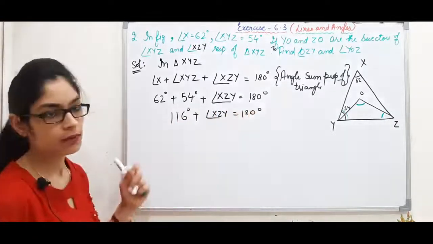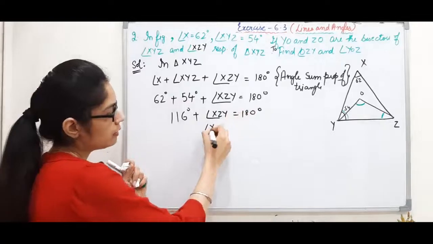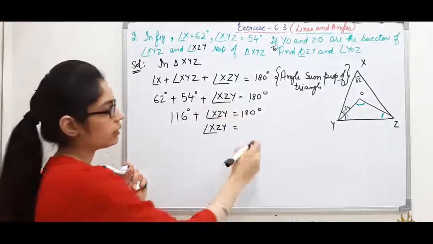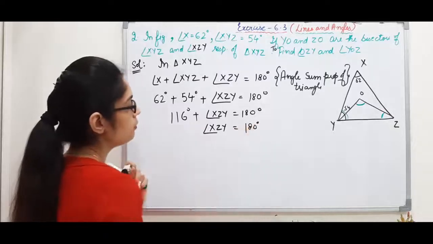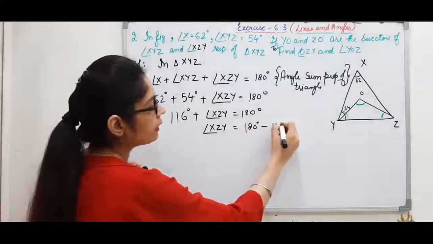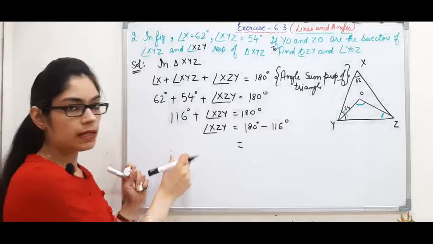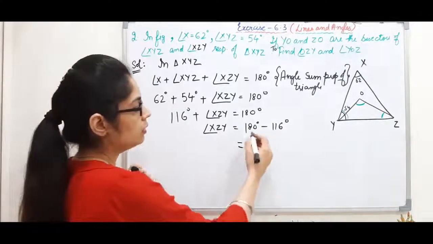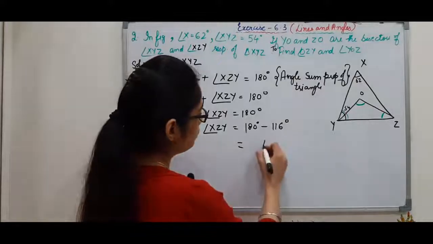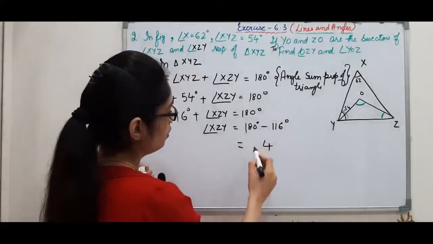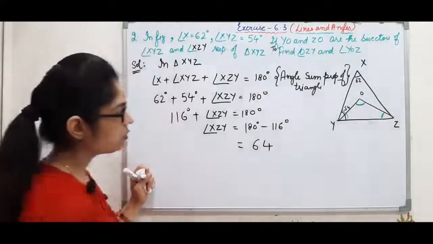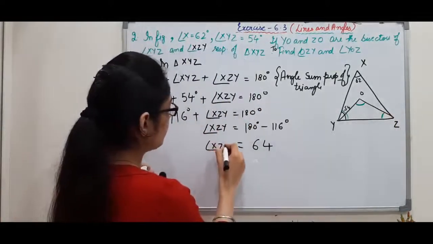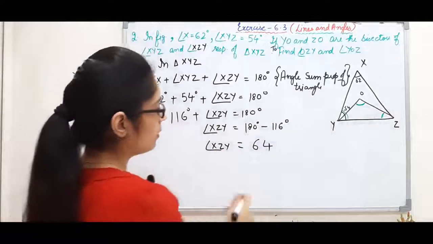Since we need to find the value of XZY, I'll keep this on this side and we'll shift 116 to the other side. On changing the side, it will be changed to minus 116, because plus on changing the side is changed to minus. So we can do the subtraction now. So it is 64 degrees. So we know the value of angle XZY is equal to 64 degrees.